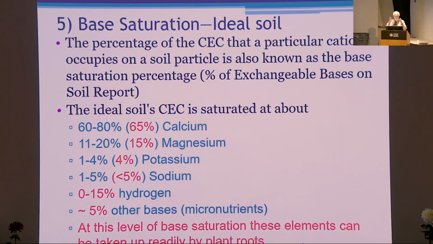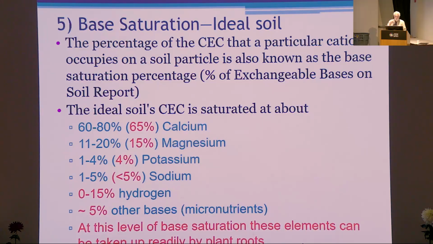Oh, here's the other one that is kind of a strange thing. So we're looking at those clay particles again, and all those negative charges on there. But now we're going to say those positively charged cations that are attached to those clay particles ideally should be in a specific ratio. It should be roughly 65% calcium cations attached to that soil particle, 15% magnesium, 4% potassium.